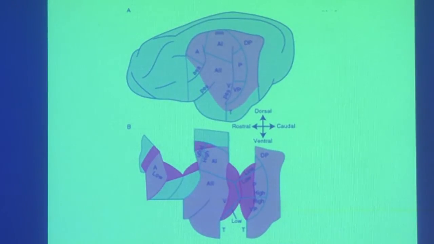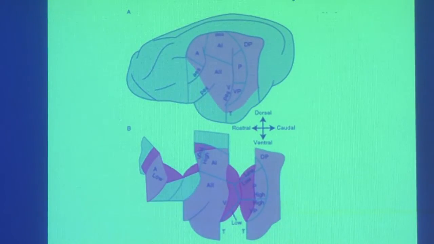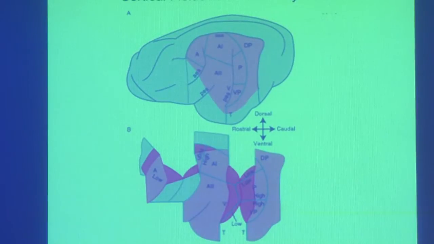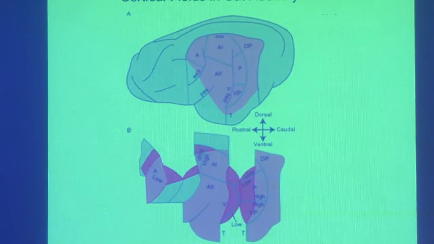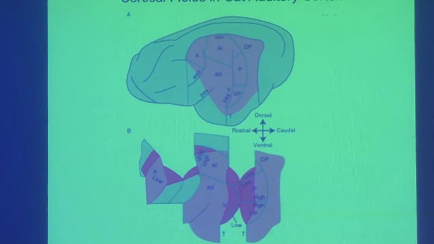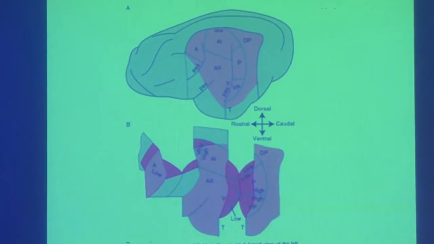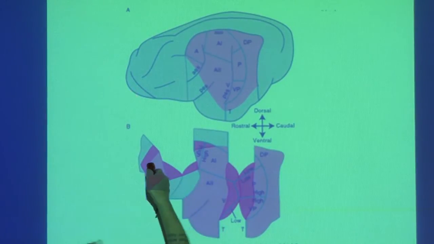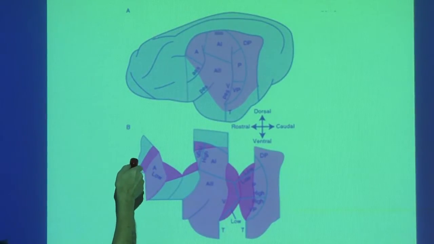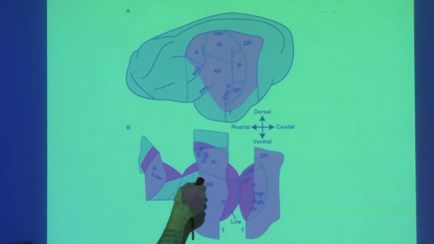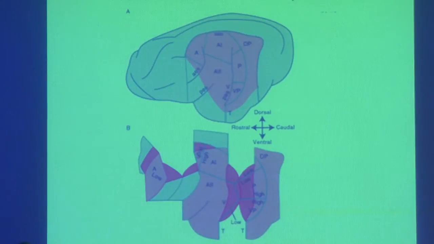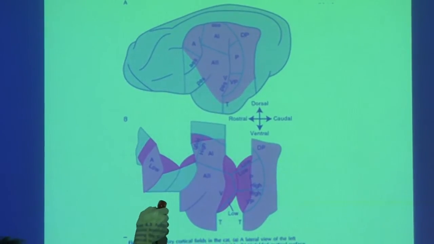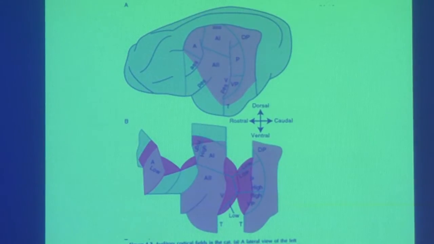So you see that the colored areas, the auditory areas, are in the part of the brain called the temporal cortex, the side of the cortex. So way up here would be the frontal part of the cortex, the frontal lobes. Way back here, you're familiar with the occipital cortex, which would be the visual areas. And these areas are on the side, or so-called temporal cortex, and those are the auditory areas.